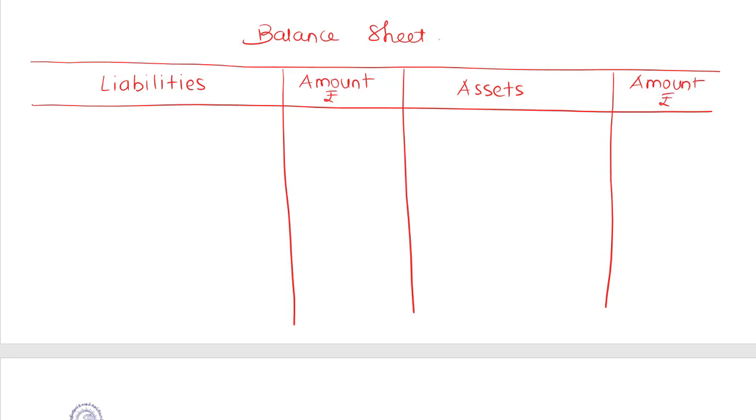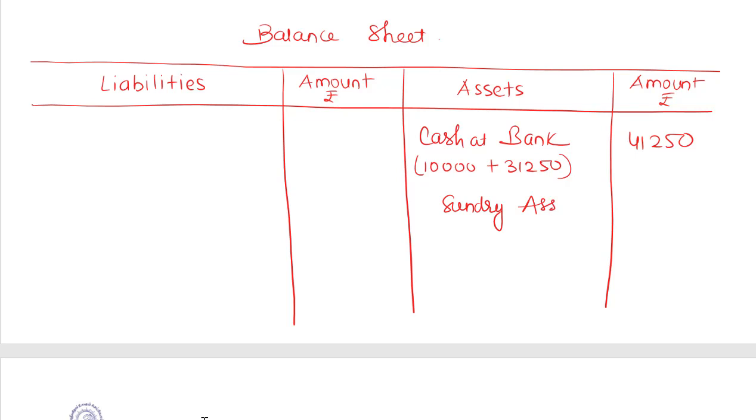On the asset side, cash at bank: earlier 10,000 were there and 31,250 is the new cash brought in, so 41,250. Sundry assets 55,000. Total 96,250.